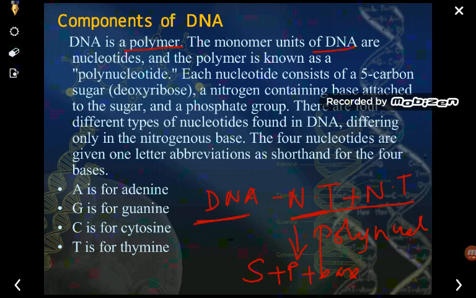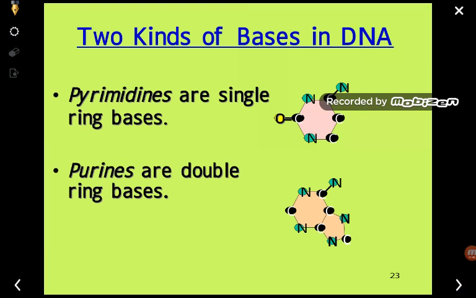The 4 nucleotides are given 1 letter abbreviations as a shorthand for the 4 bases. A stands for adenine, G stands for guanine, C for cytosine, and T stands for thymine. These are the 4 bases. There are 2 kinds of bases in the DNA, purines and pyrimidines.